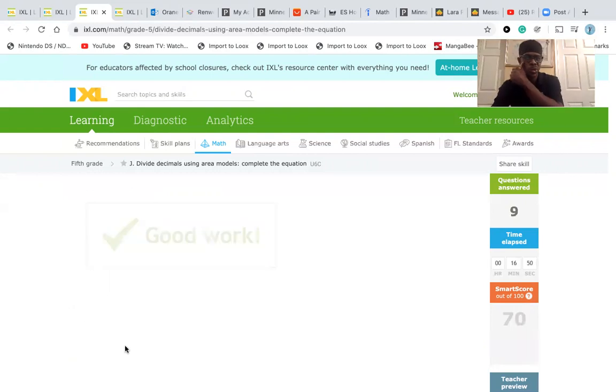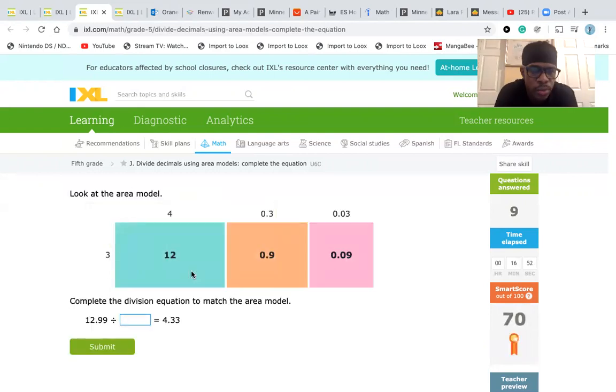I'll do one more and then we should be all set. Okay, all right, so we have 12.99 divided by something, x, is equal to 4.33. The inverse of that equation is 4.33 multiplied by x is equal to 12.99.